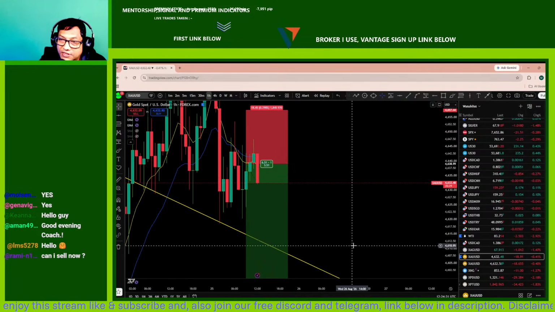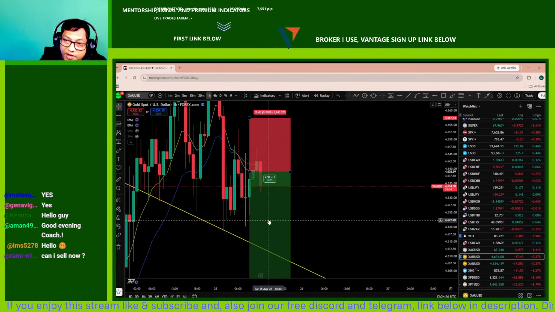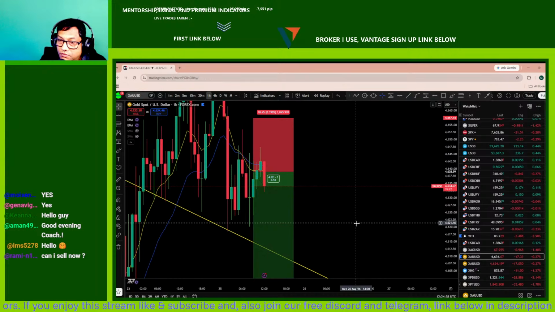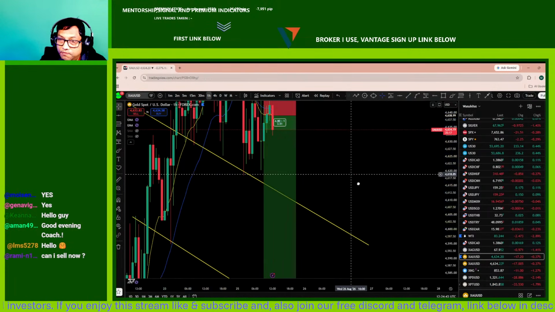We could see the price action to have that break, have that reversal potentially to this support level here on XAUUSD.